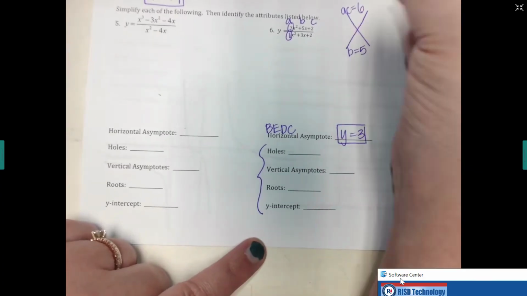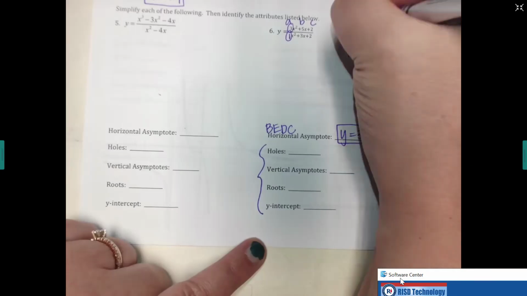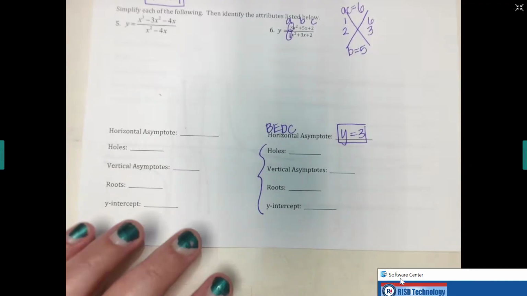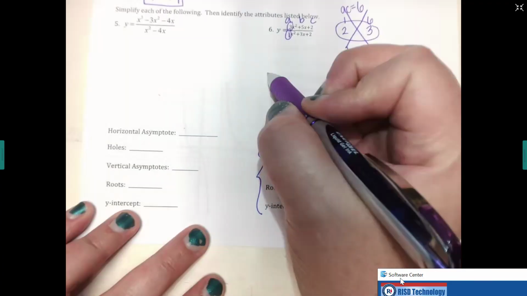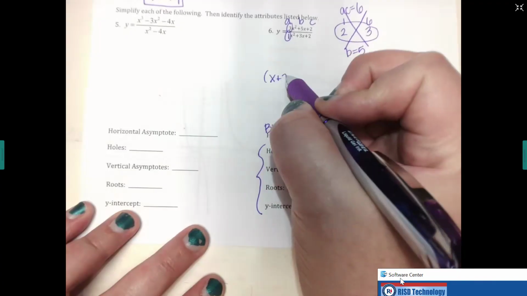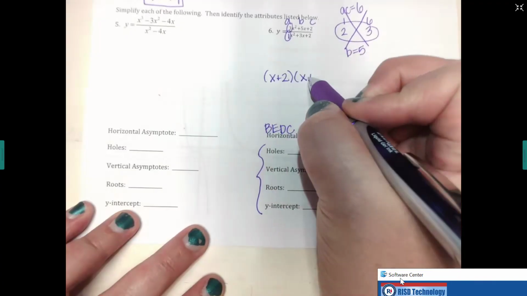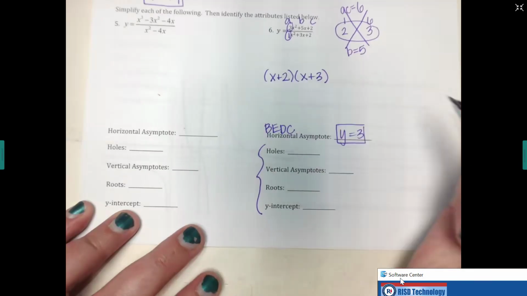So 1 times 6 or 2 times 3. But if my AC is positive, remember this is an addition chart. So which of those add to 5? 2 and 3. So it'll be an x plus 2 and an x plus 3. Will I need to divide and slide?